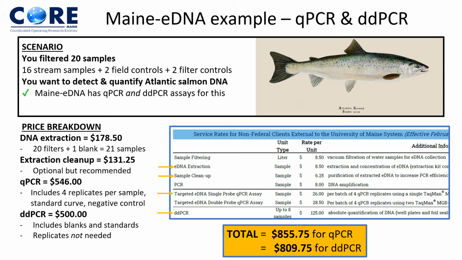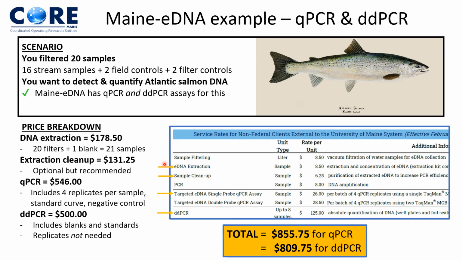Now, I'm going to assume that you shipped the eDNA Core your filters that were either in buffer or frozen. And if that's the case, then the first thing that the lab's going to do is they're going to extract the DNA from those filters. And right here, I'm assuming you sent them 20 filters, and then the lab's also going to do a blank extraction negative control for a total of 21 samples.